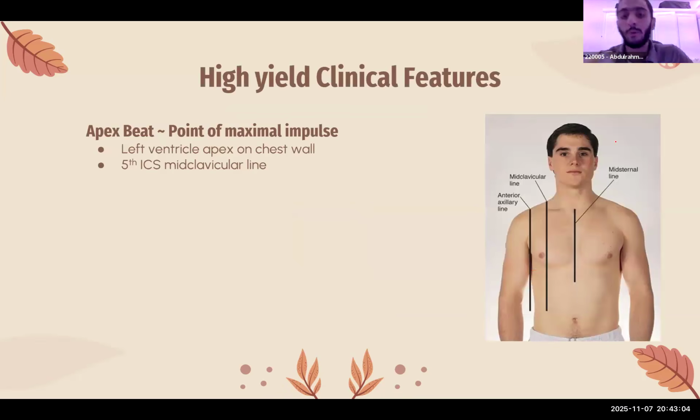Now let's talk about the importance of this. Why do you really need to know these facts? One of the important things is the point of maximal impulse, which is basically referred to as the apex beat. Now, the left ventricle is the strongest part of the heart, right? Because there is so much muscle. Another important feature of it is the apex, which is this small pointy part.